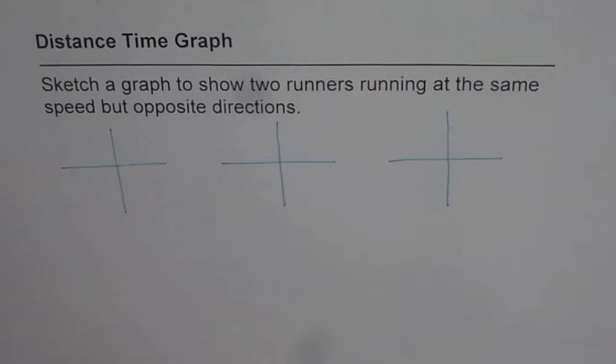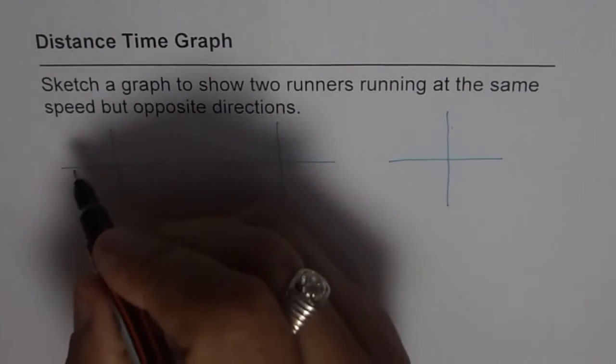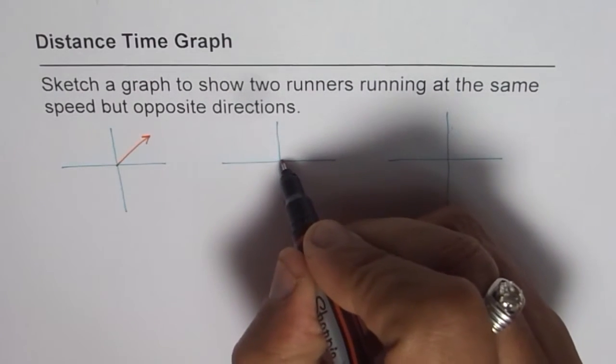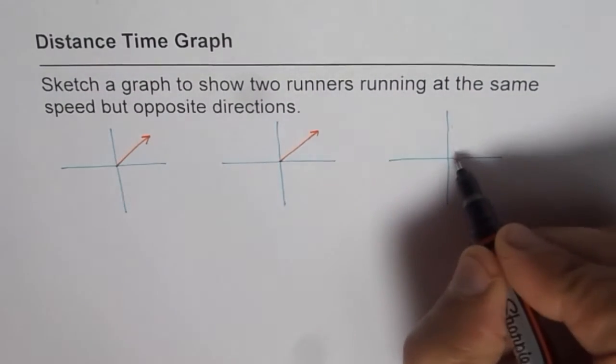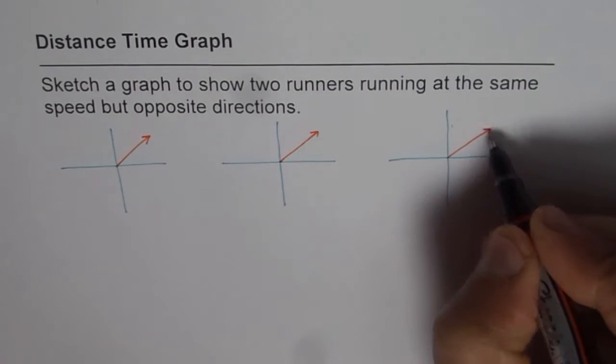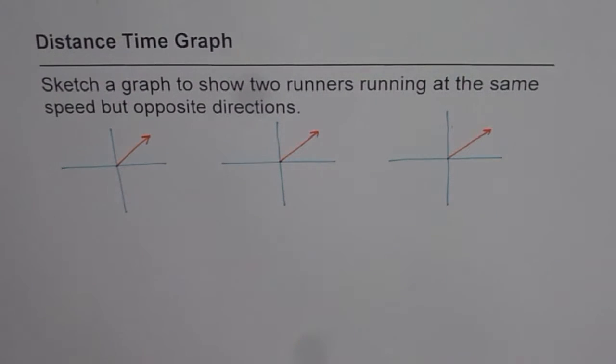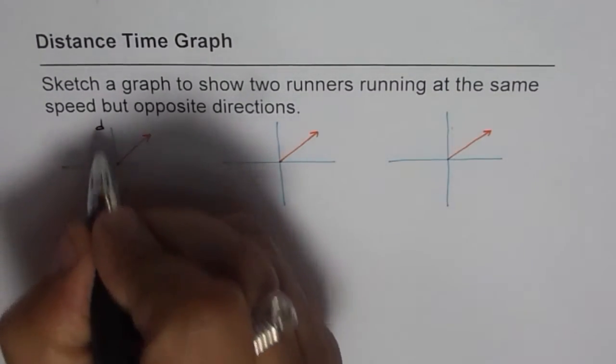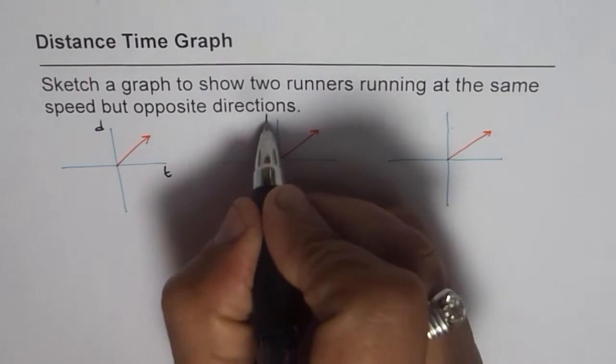Okay, so let me represent the runners in this fashion. Let's say one of our runners is running like this, right? So that's one of our runners, and we'll try to sketch the graph for the second runner, who is running in the opposite direction. So distance, time, let's say this is distance and this is time in each case.